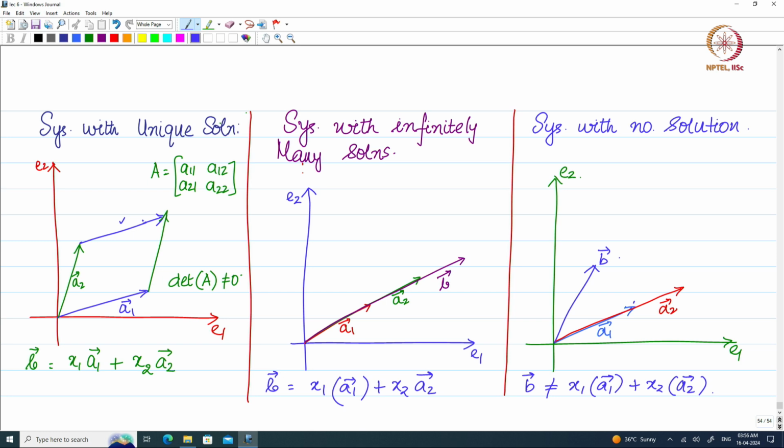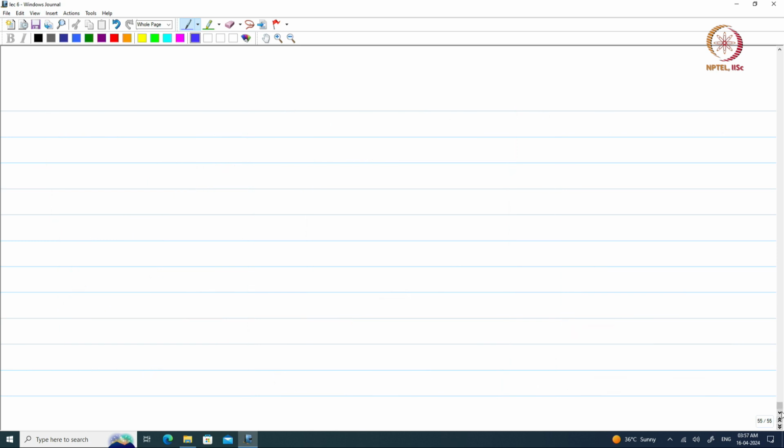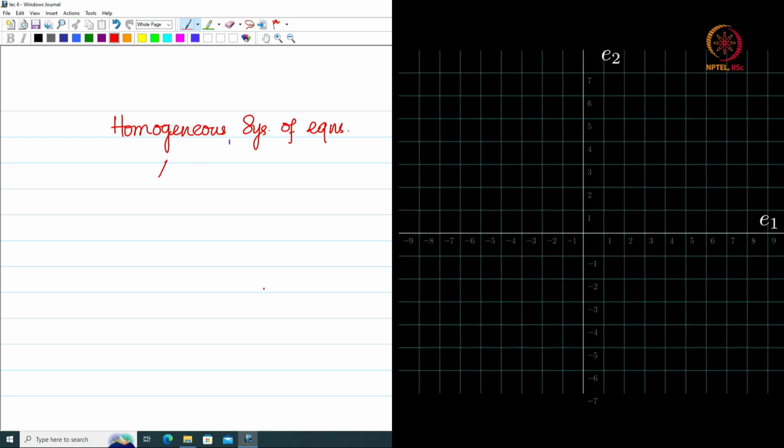One more thing that we looked at when we looked at the system of equations was the homogeneous system of equations, where we looked at Ax is equal to 0, where this 0 is the 0 vector.